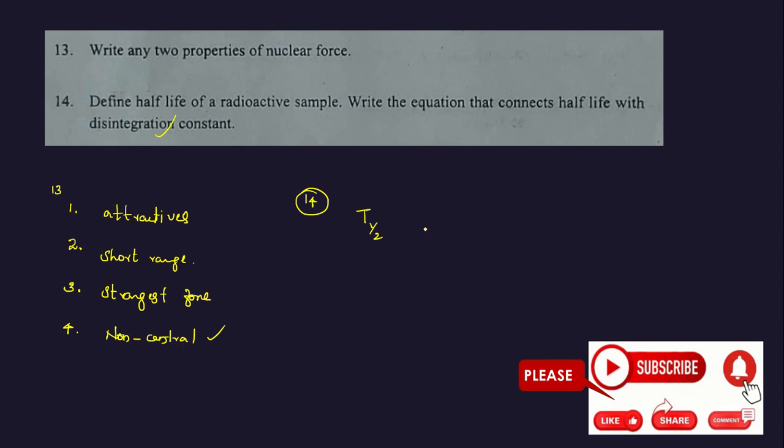So the time during which half of the atoms of the radioactive substance present will disintegrate. സാധാരണ നമ്മുടെ ലാംഡയുമായിട്ടുള്ള റിലേഷൻ എന്ന് പറയുന്നത് 0.693 divided by lambda. So that is the question number 14.